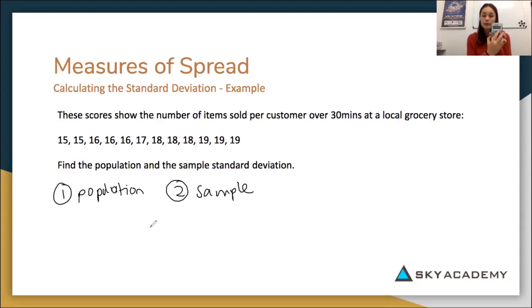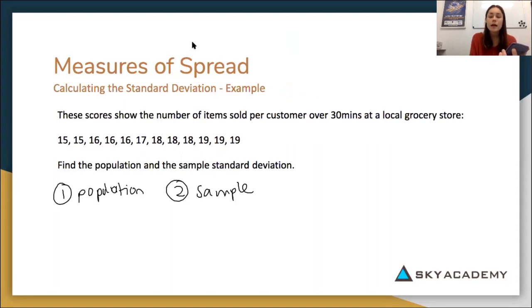When you press mode setup, it comes up with a variety of options. You want to press the number that has the word stat. On some calculators it might be number 2, and on other calculators it might be number 3. So press whatever number is next to the word stat.